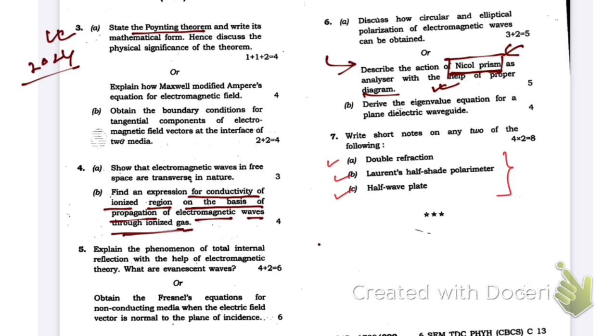So we're going to get EM wave through isotropic dielectric and anisotropic dielectric. Then this one asked about ionized gas.